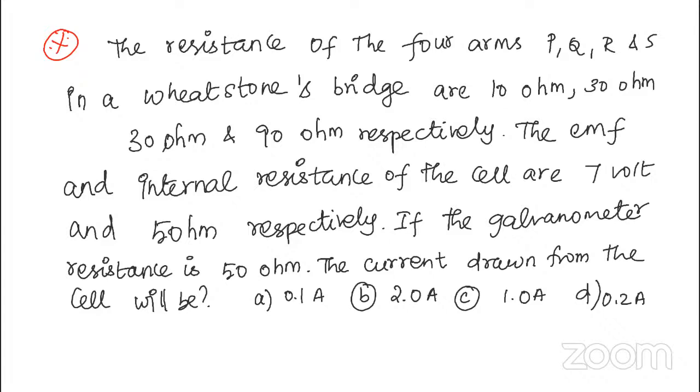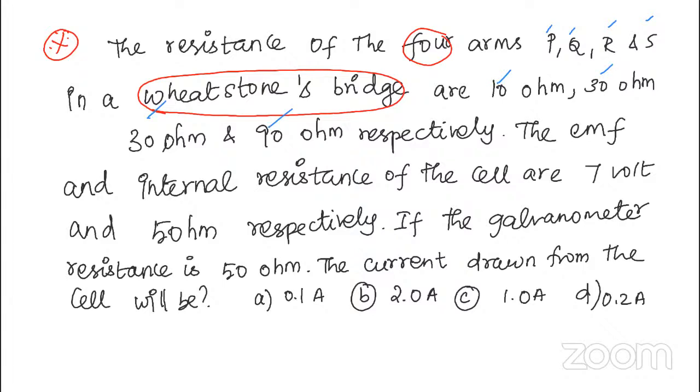So here they are mentioning in that problem, that is the Wheatstone bridge. So for the Wheatstone bridge we need the 4 arms, and they are P, Q, R, S. Okay, the values of P, Q, R, S are given. Okay, there is no problem.